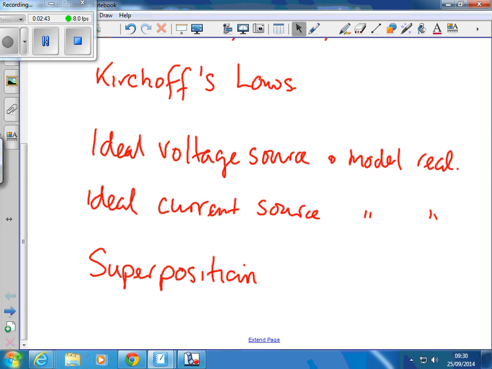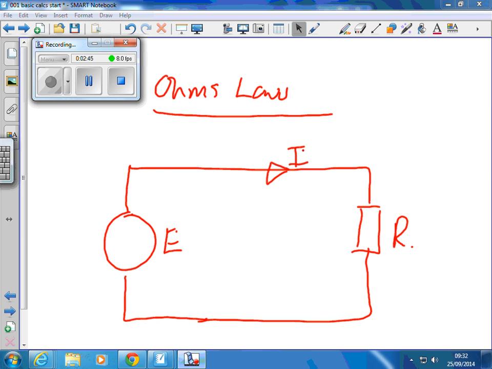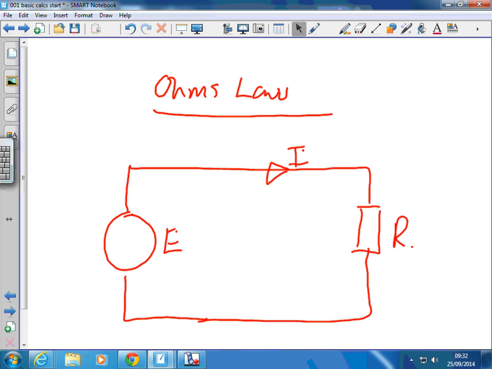Let's pause this. Moving on then. We've got Ohm's Law, the basic relationship between the applied voltage, which we call, as consistently as possible, E for EMF.